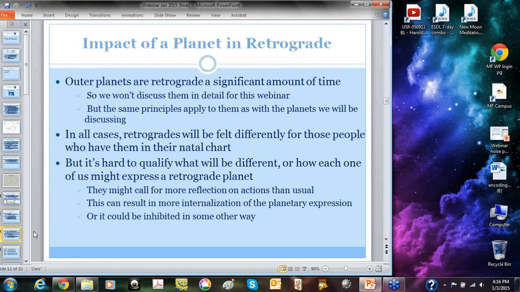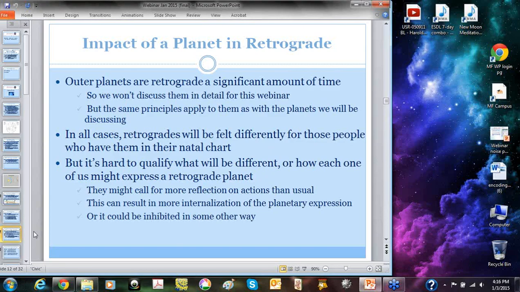Since outer planets are usually transpersonal, so more generational in nature, we're not really going to discuss them in detail. They are retrograde a considerable amount of time, and many of us have them retrograde in our chart, so it's not all that unusual. It's hard to say how we will experience a retrograde, depending on a number of things, including the nature of the planet itself, as well as our place on the path.